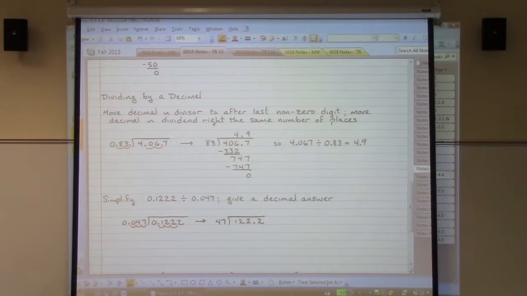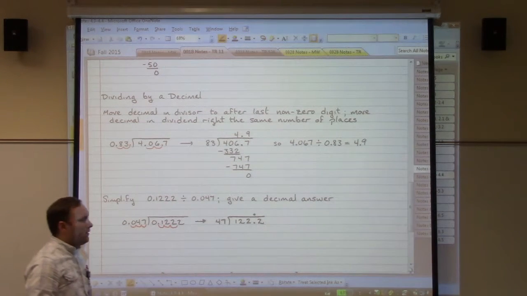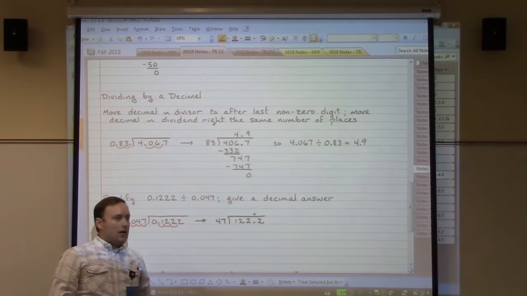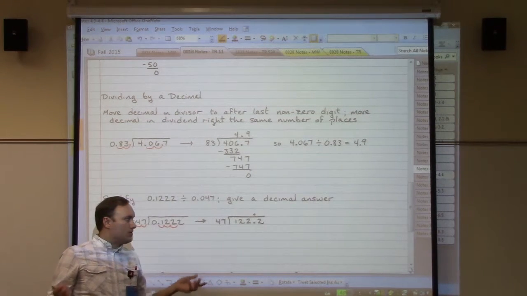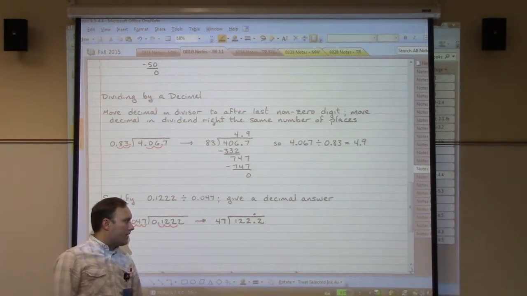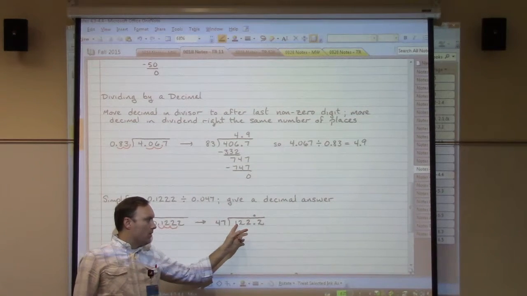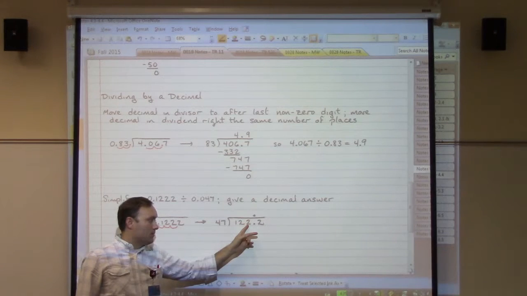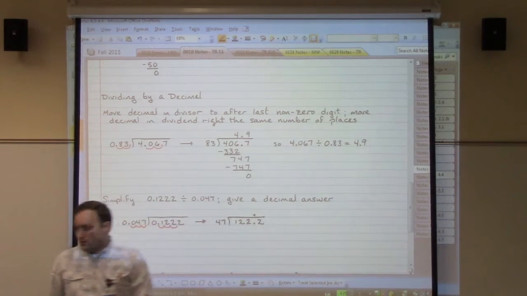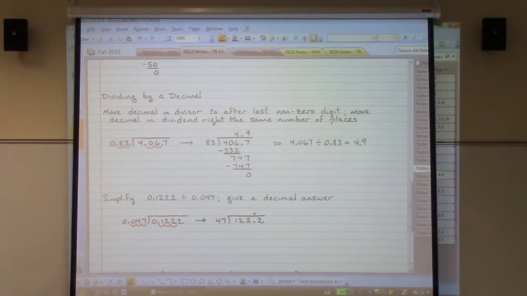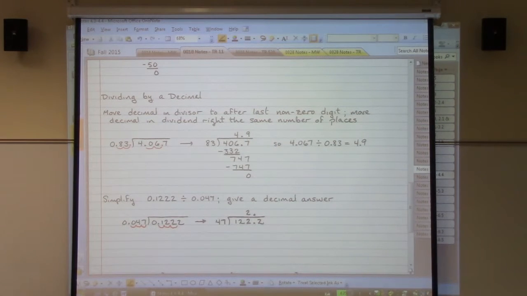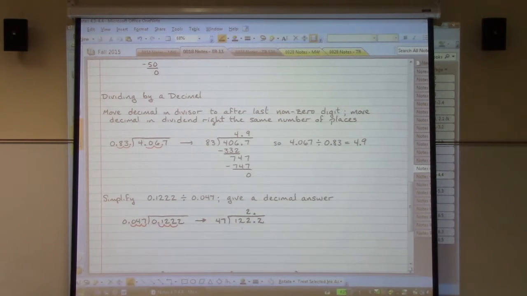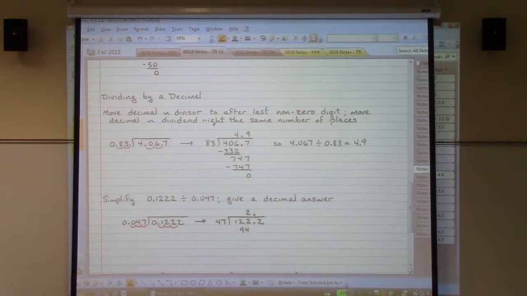So now we have that situation where if there's a decimal in the house, raise the roof. So take that decimal point and move it directly up so it appears on top of our long division symbol, and work through the rest of my steps as though the decimal points are not even there. So 47 goes into 1, no. 47 goes into 12, nope. 47 goes into 122, yes. 47 goes into 122 2 times. 2 times 47 is 94.